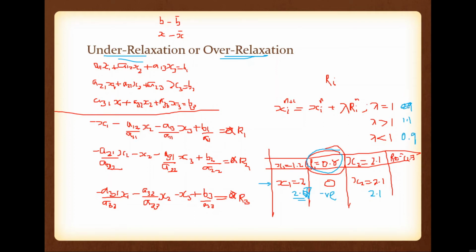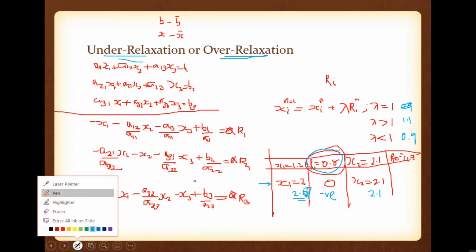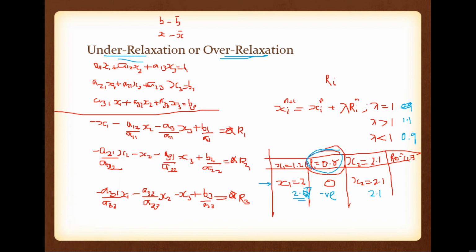Okay. If you are using 0.9, then again this 0.8 is the largest one.